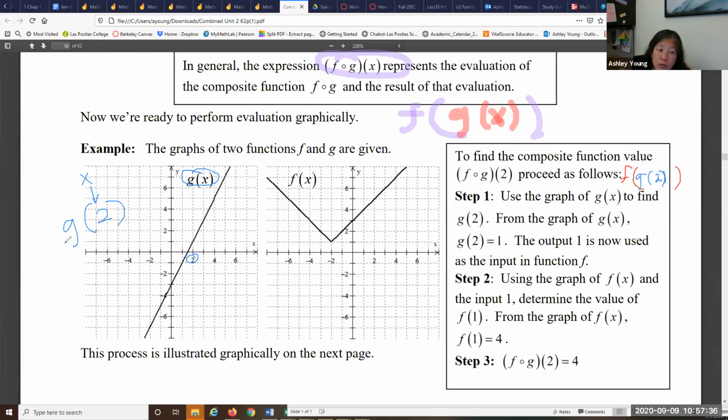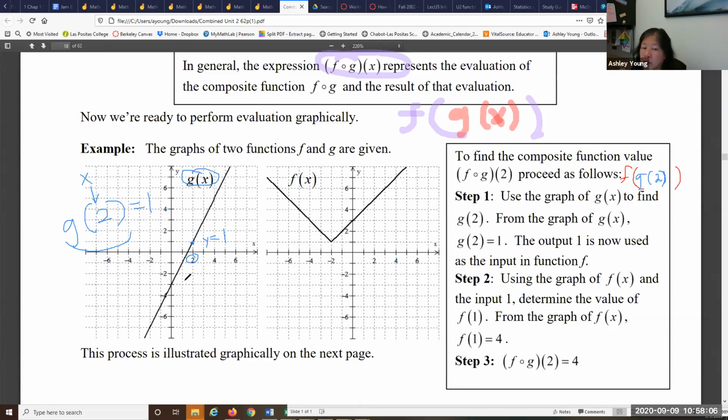My y is g of 2, that's what I'm trying to find. When my x is 2, here's my x axis, here's my point right there. My y is 1. So my g of 2 is 1.